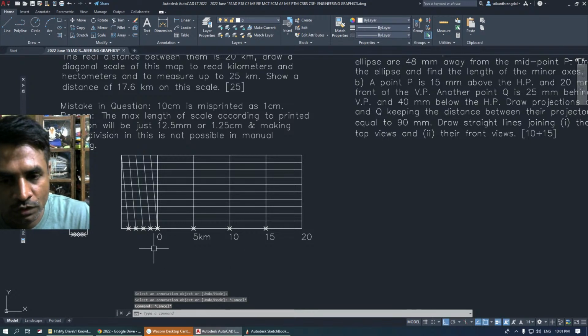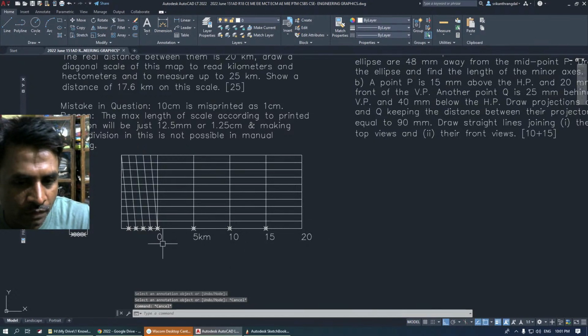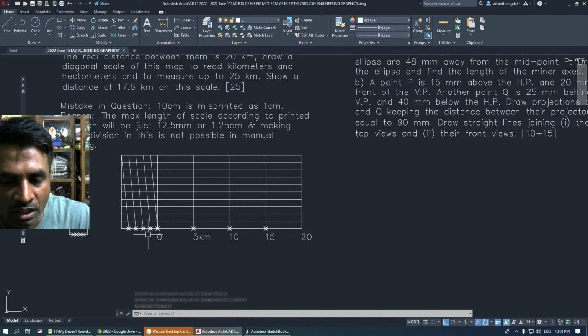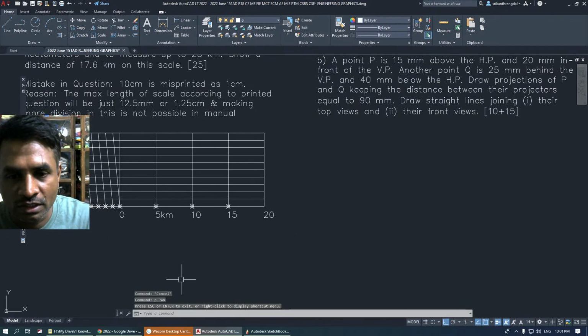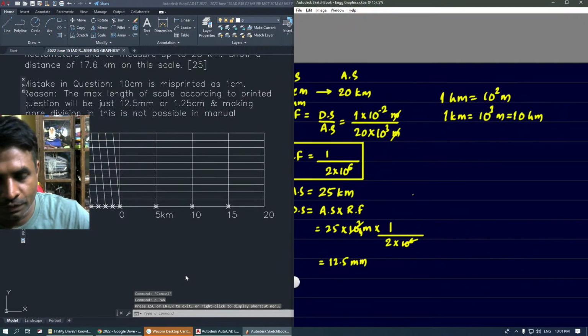Any length that we want in multiples of 5, we are going to be measuring on the right side, and if there is less than 5, then that's going to be measured on the left side. Let's go ahead and see how we will actually solve it.